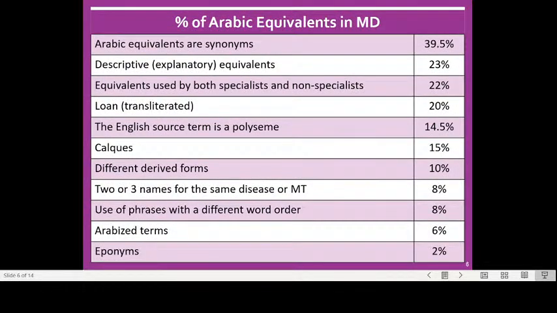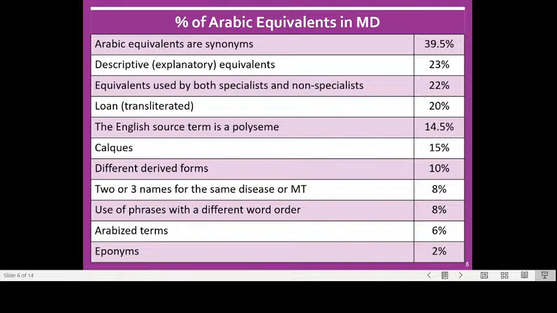Now, in this table, I have the results of the analysis, and I calculated the percentage of each type of equivalent. I found out that 39.5%, about 40% of the equivalents were Arabic equivalents that are synonyms.